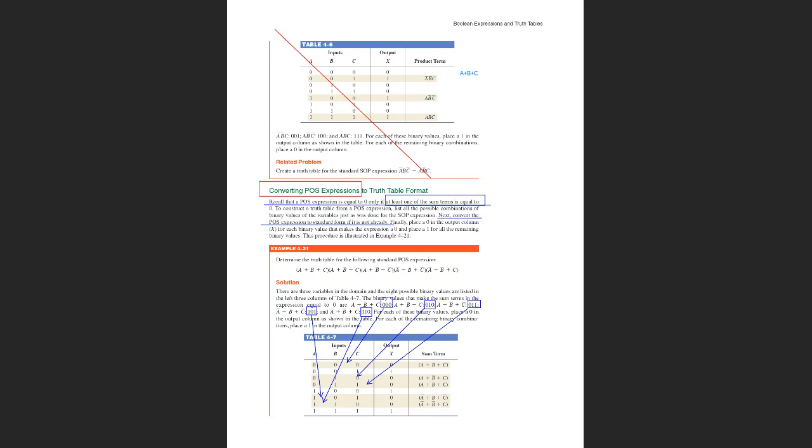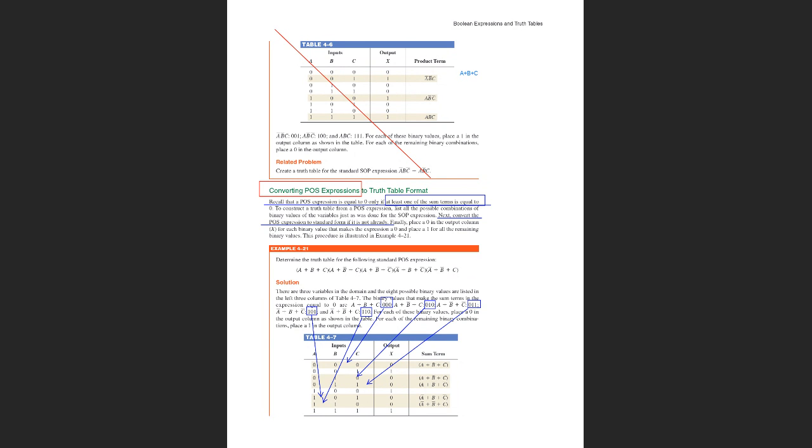The last example here, in row 7, the variables have values 1, 1, 0. Therefore, the sum term, which means the term for which the expression is 0, should be not A plus not B plus C, because if we substitute A and B with 1, not A plus not B is 0, plus C, which is 0, the sum is 0.